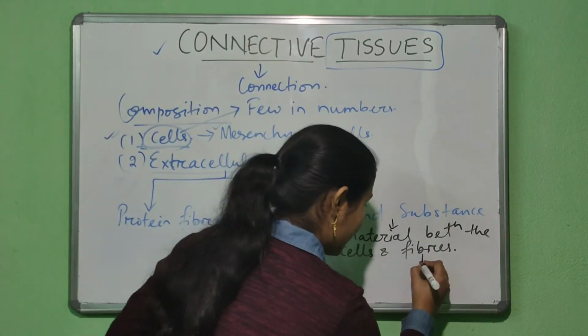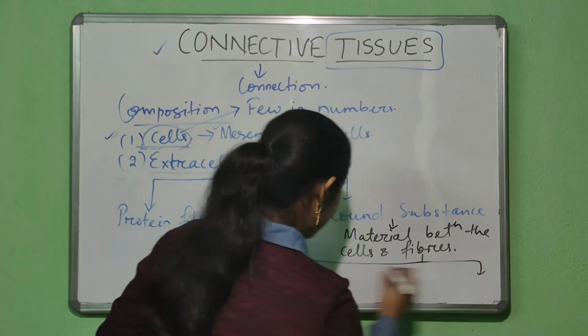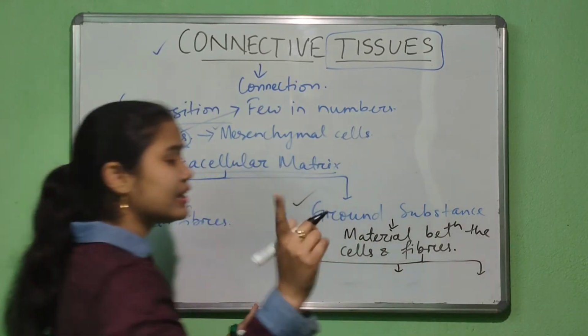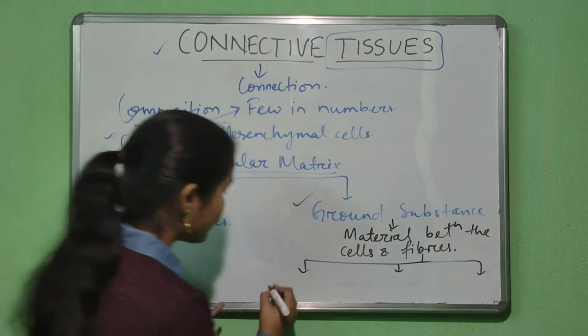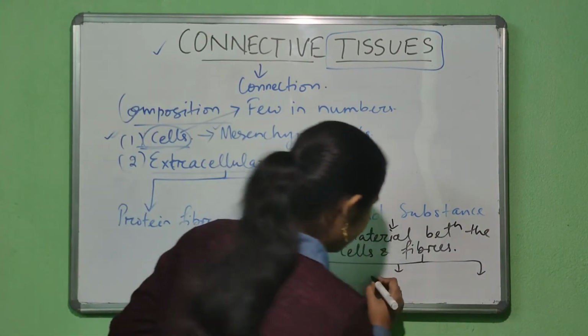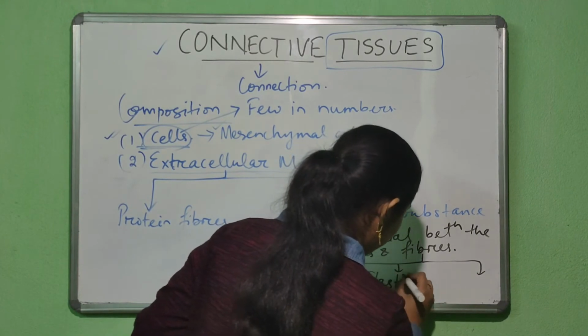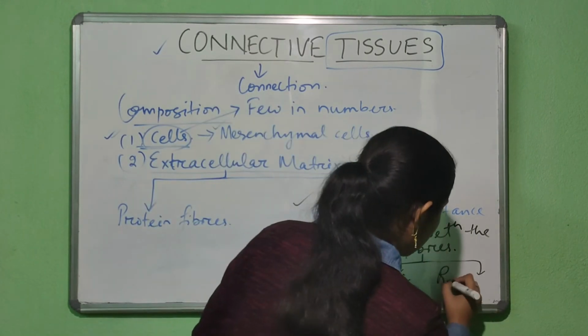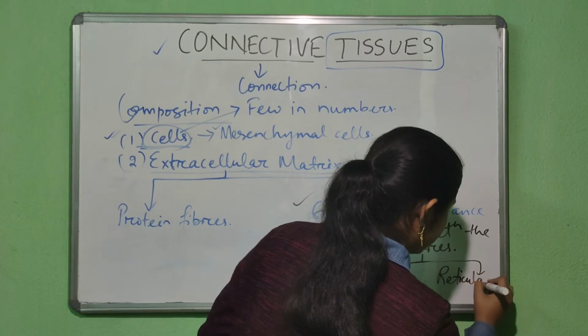Considering the fibers in the extracellular matrix, we can get three types of fibers. What are those? The first one is the collagen fiber. The second one is the elastic fiber. And the third one is the reticular fiber.